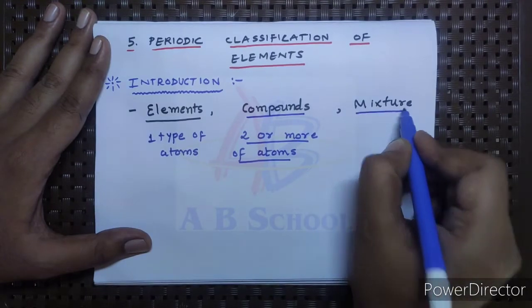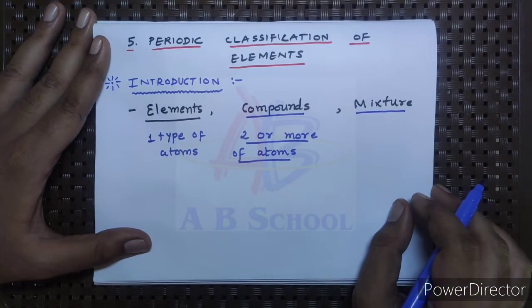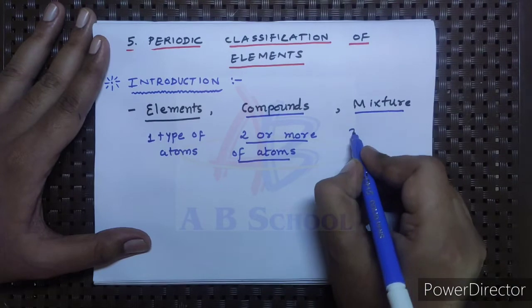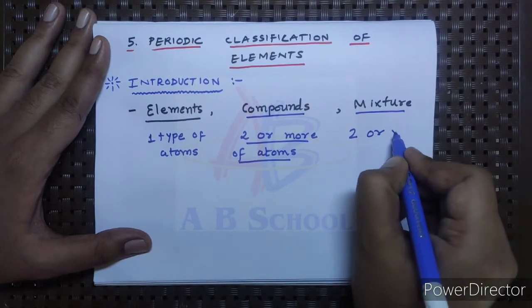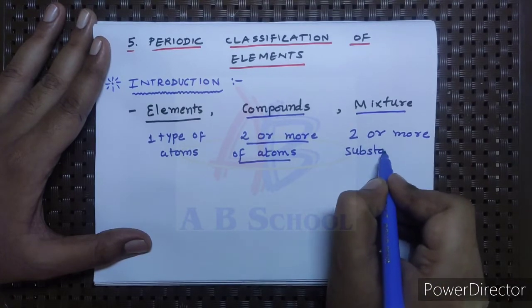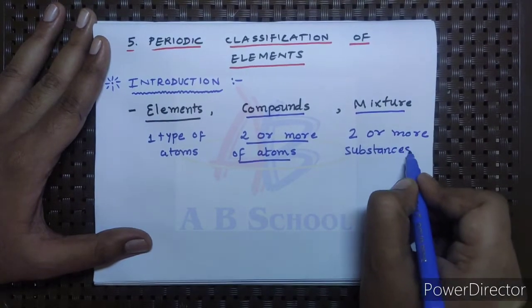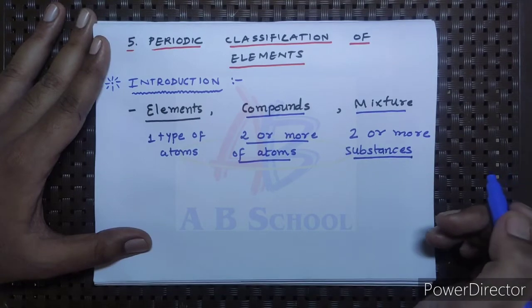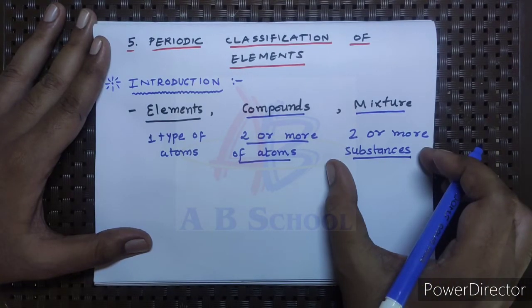Last but not the least was mixture. A mixture contains two or more substances. These substances can be either elements or even compounds.